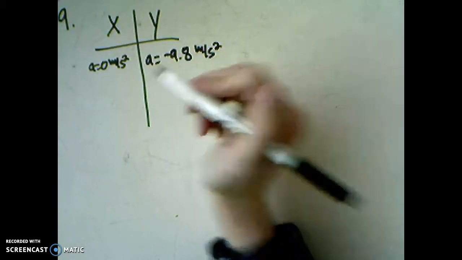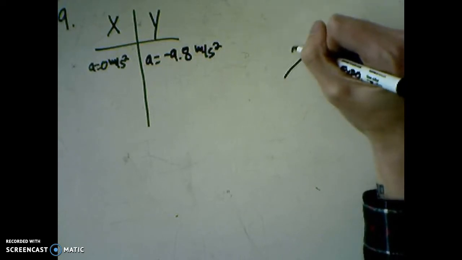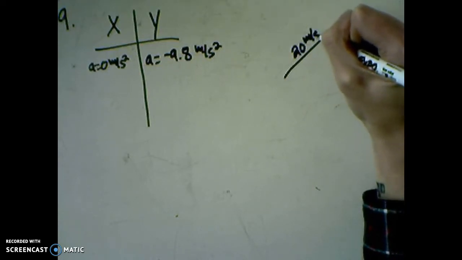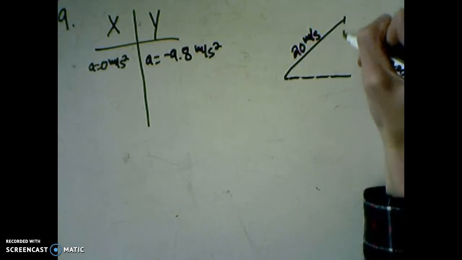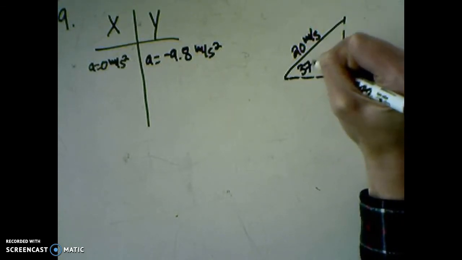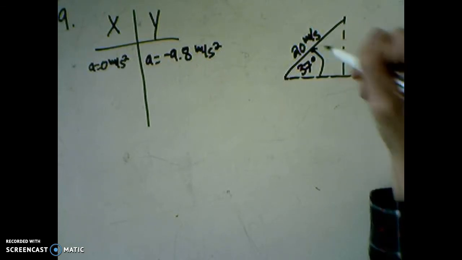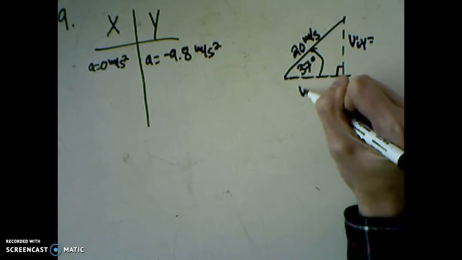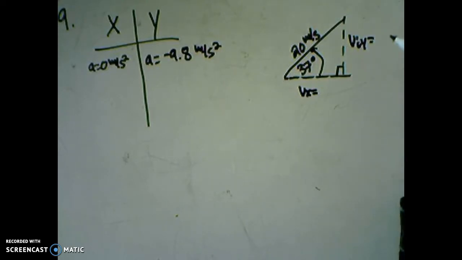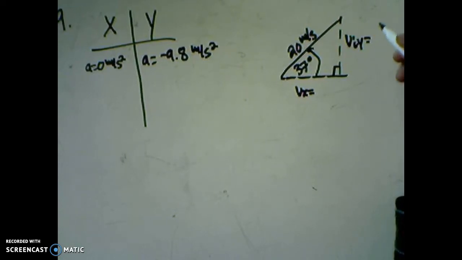I do, however, need to break down my velocity, my 20 meters per second, which was launched at an angle of 37 degrees, into its two components. So my y component is going to be 20 times the sine of 37 degrees.